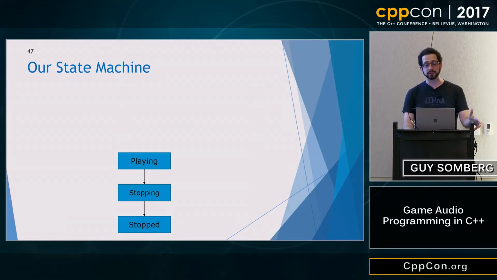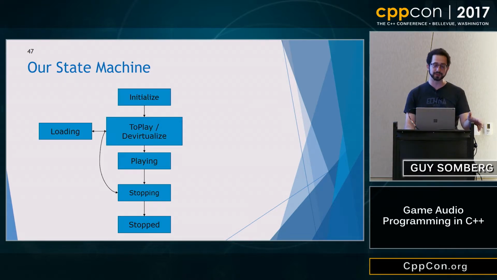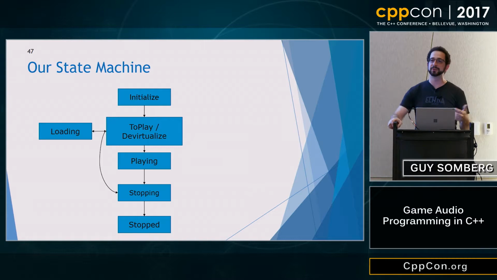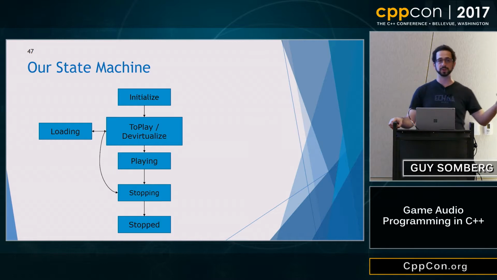To implement async loads, we have to do a little bit more, because now there may be some length of time while we're waiting for that sound to load. So we have an initialize state where we can do one-time initialization, and a to-play state where we are actually trying to play the sound if we can and if we should. If the sound is not loaded, we'll move it to the loading state.